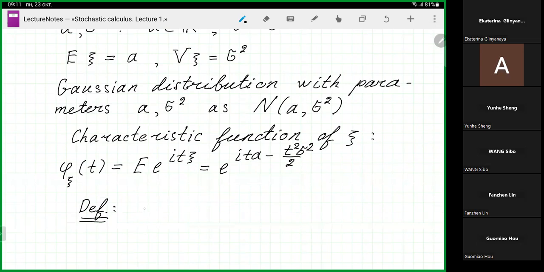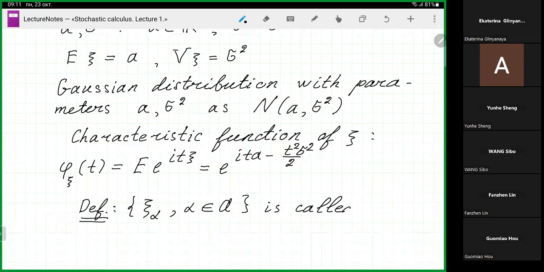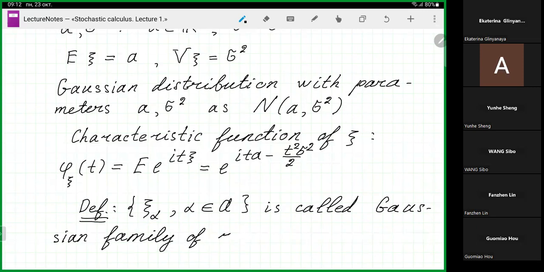Suppose that we have a family of random variables, which is indexed by the index alpha, which belongs to some set A. This family is called a Gaussian family of random variables.